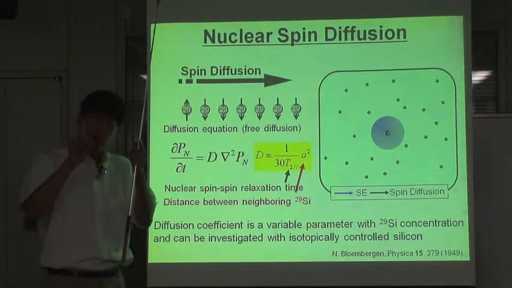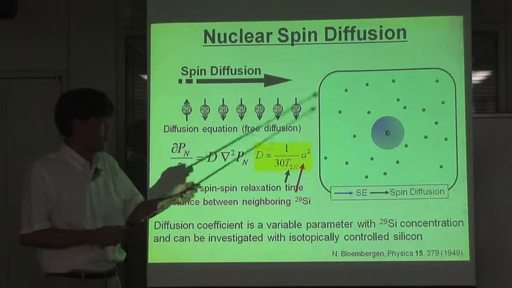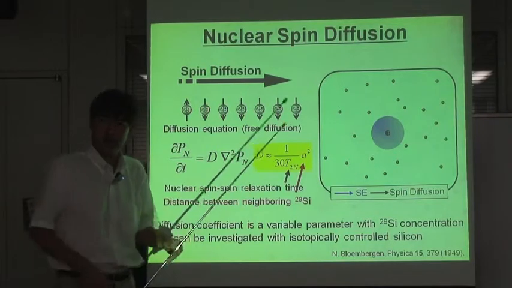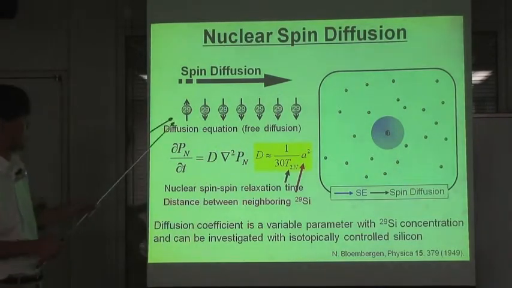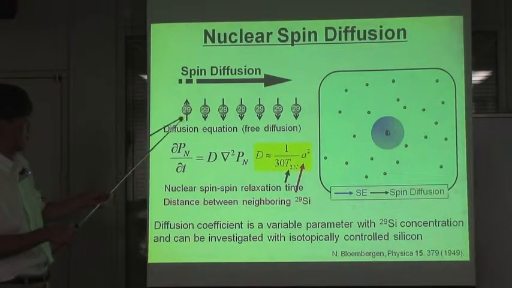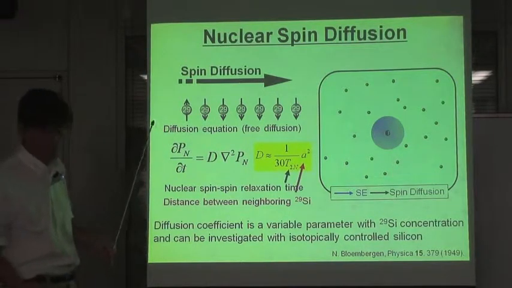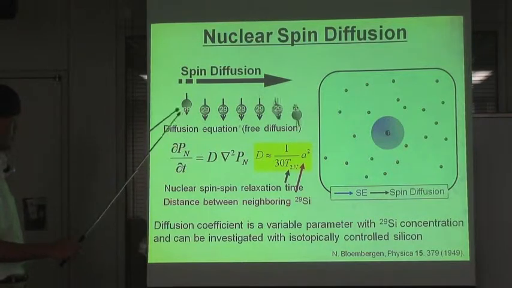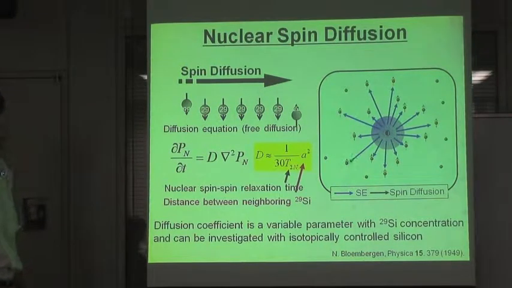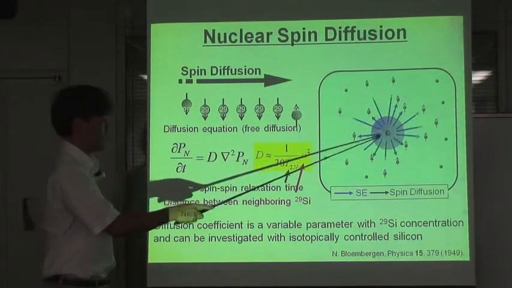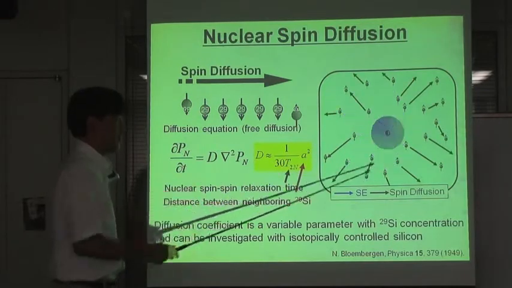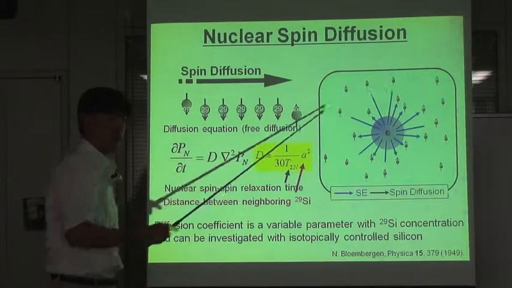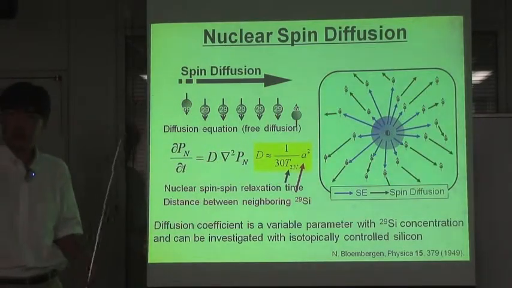So once we orient 29 nuclear spins around phosphorus, those nuclear spins diffuse out by nuclear flip-flop or nuclear dipolar coupling. Schematically, the nuclear spin diffusion looks like this. Those oriented nuclear spins around phosphorus diffuse out of phosphorus and orient all these 29 nuclear spins to the same direction.